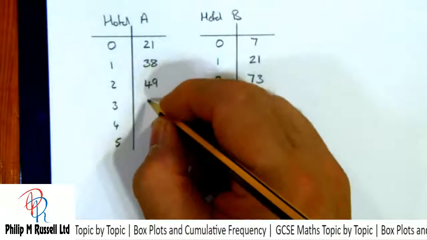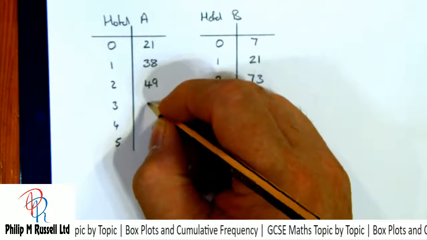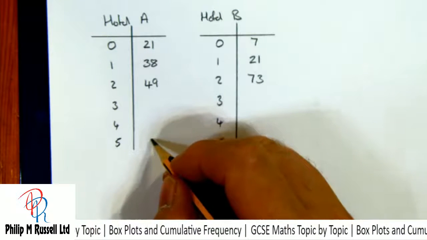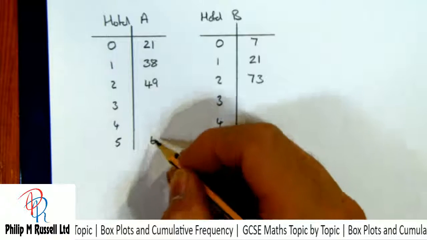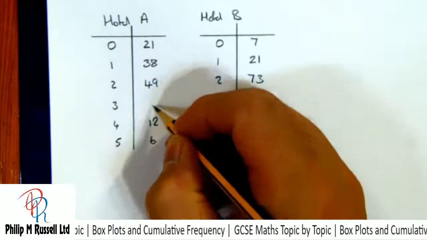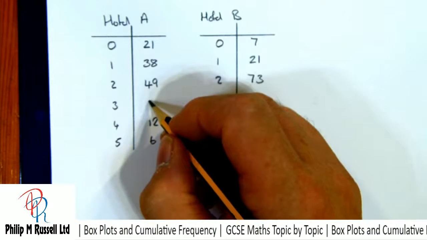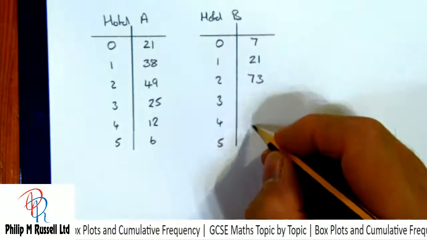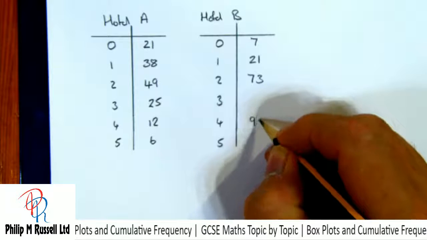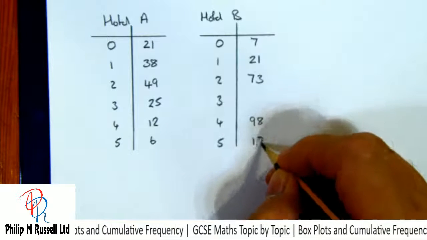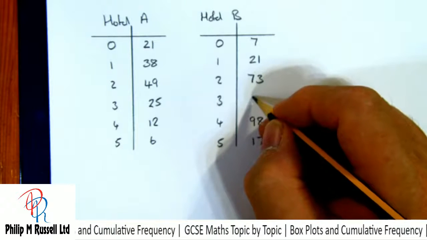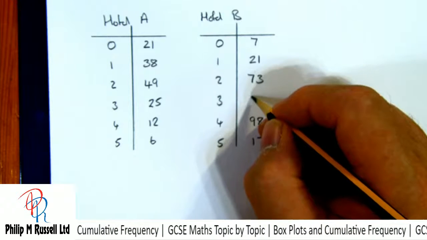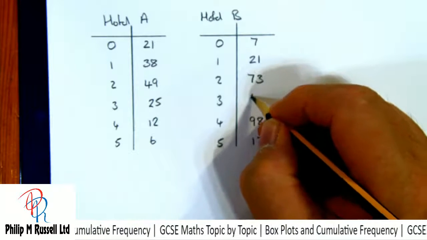I'm just making these numbers up. And then we'll have only 6 people, 12 people, and let's have 25 people. And this one we had 98, 17, and we'll give this one a little bit of an anomaly, I suppose. Let's give this one 67.